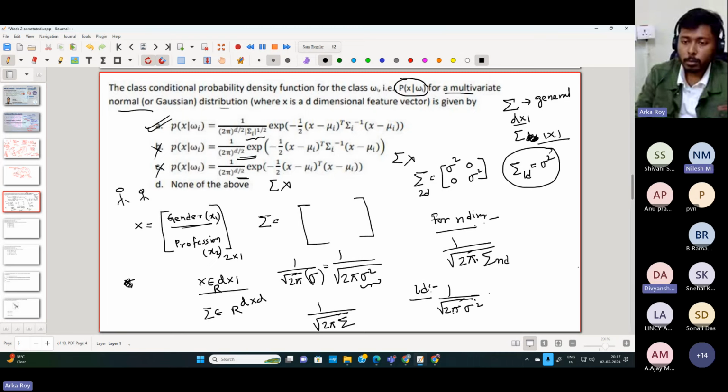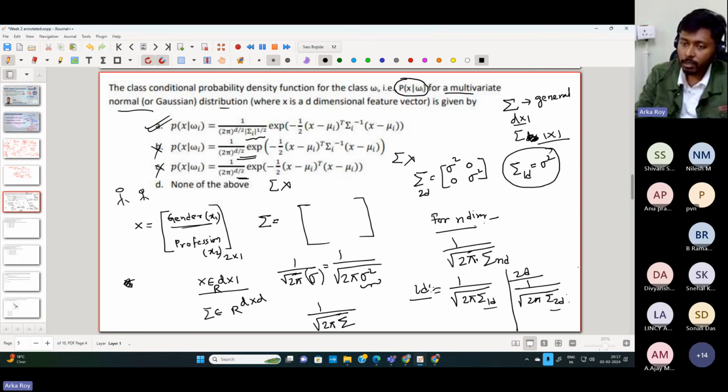Root over 2 pi sigma square. Or first you write with this. In the case of 1D, it is 1 by 2 pi sigma 1D. In case of 2D, it will be 1 by 2 pi sigma 2D. So until this point, we are writing the same thing, right?